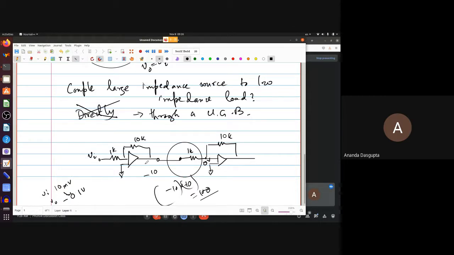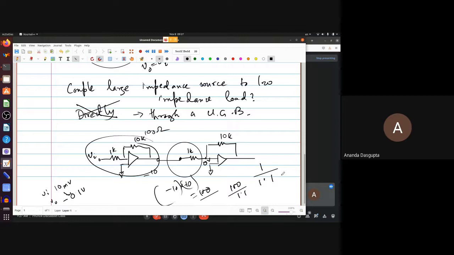Because you have a 100 ohm output impedance here and a 1K input impedance to the next stage, whatever this output provides gets cut down by a factor of 1 by 1.1 when it becomes the input here. So the gain will not be 100, it will be 100 by 1.1, a bit more than 90, but around 90.